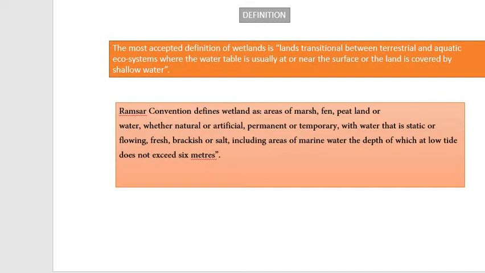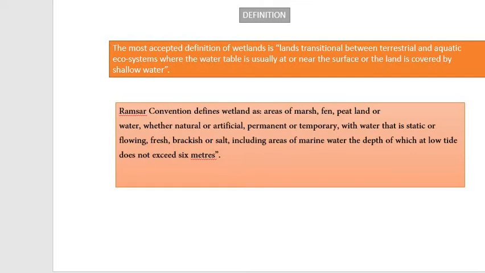So, here is the next definition according to the Ramsar Convention. Here, wetlands are areas of marsh, fen, peatland or water, whether natural or artificial, permanent or temporary, with water that is static or flowing, fresh, brackish or salt, including areas of marine water, the depth of which at low tide does not exceed 6 meters.